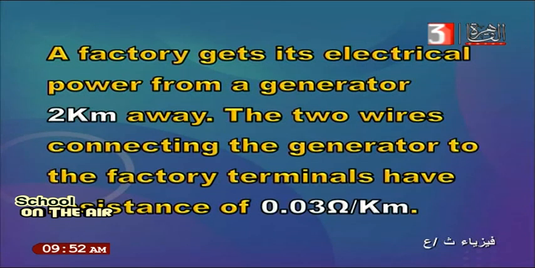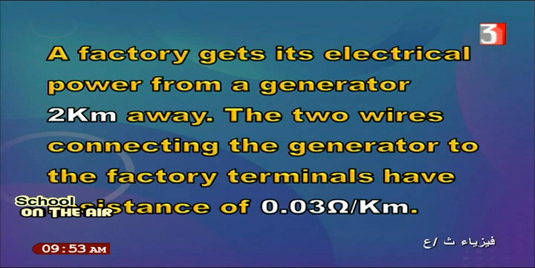Okay, another choice. A factory gets its electrical power from a generator 2 kilometers away, and we've got two cables to connect the current. Two cables, this is very important.